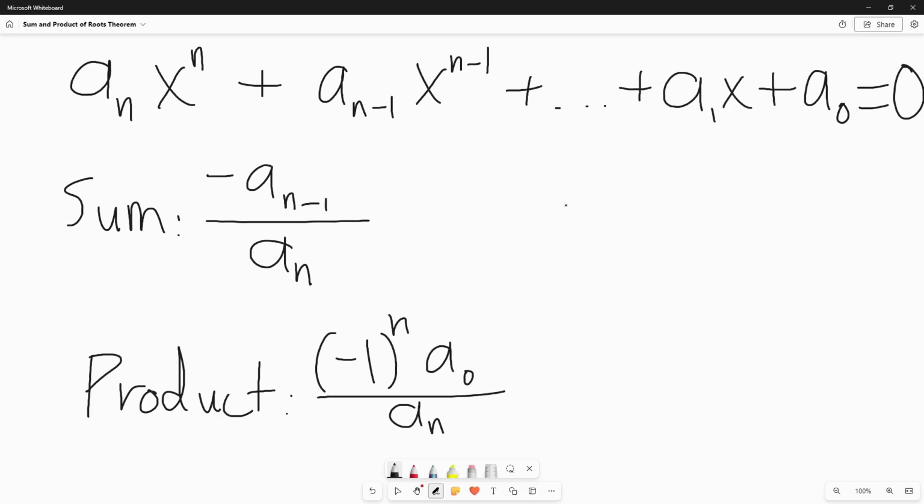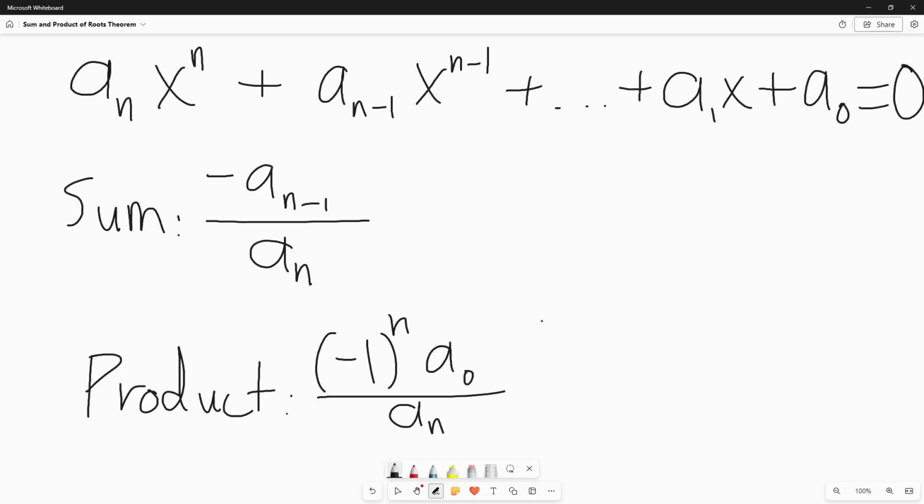So to find the sum of this polynomial, you would need to do the negative of a n minus 1, which is just the second term in the polynomial, over a to the n, or a n. In other words, this is just the negative of the second term over the first term without the x's, just the coefficients.